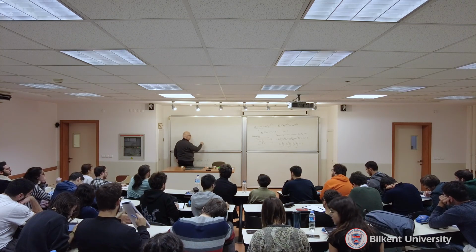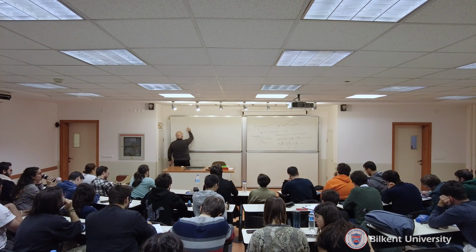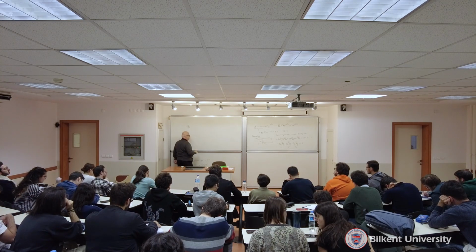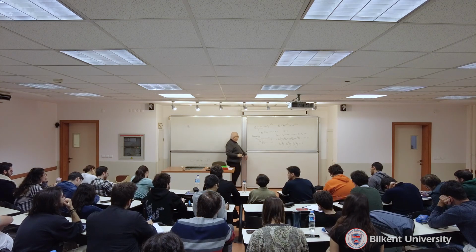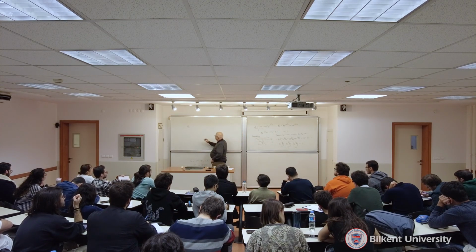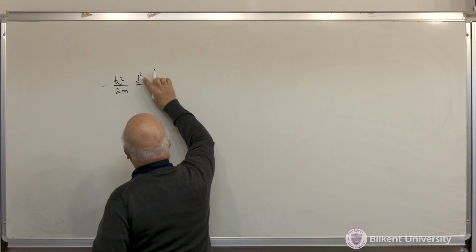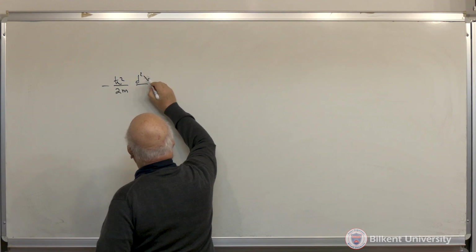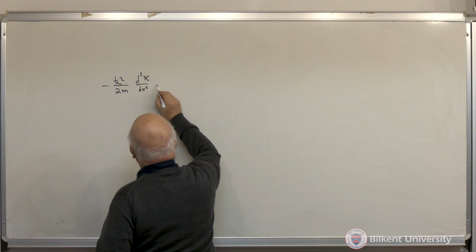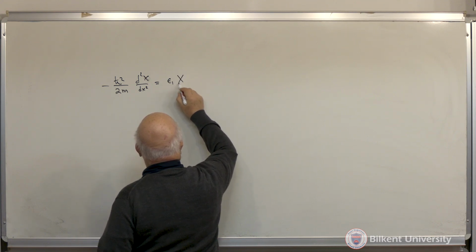Let's look at the x equation. Minus h bar squared over 2m, d squared X dx squared, is equal to E1 times X.